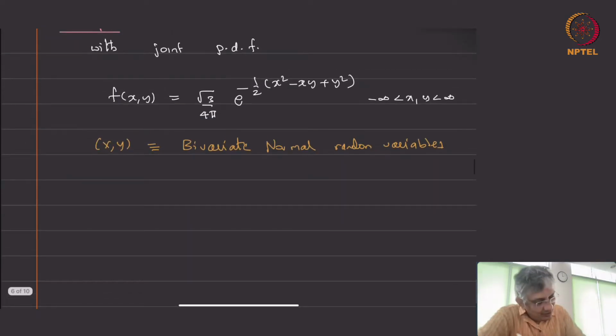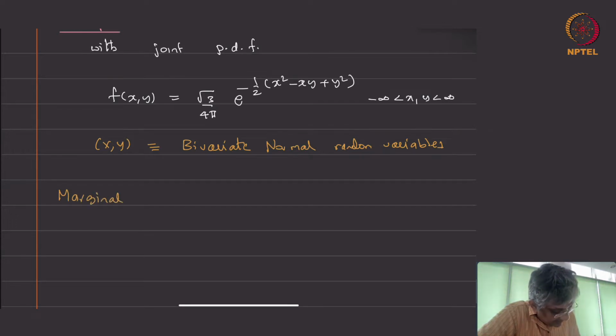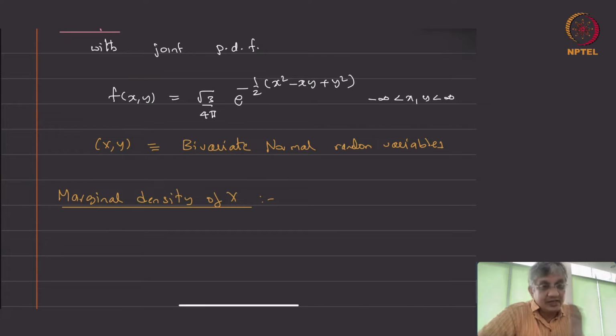So one thing we can do is, I'd like to compute the marginal of X and the marginal of Y. Let me do the marginal of X first. So what's the marginal density of X?